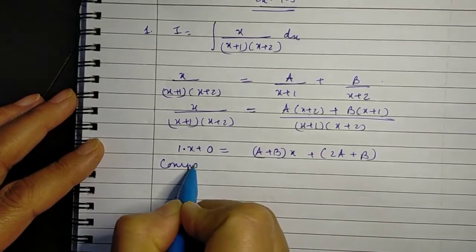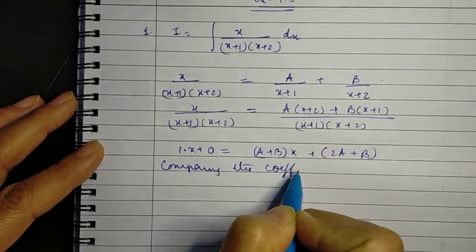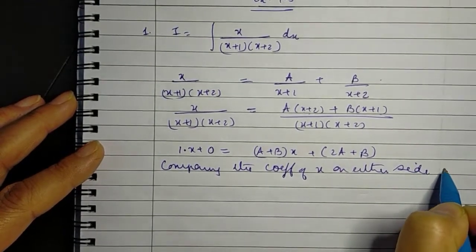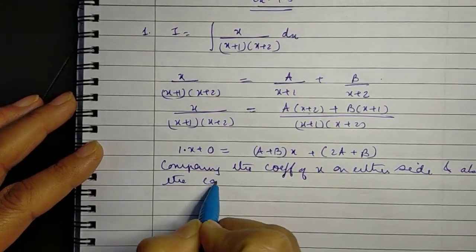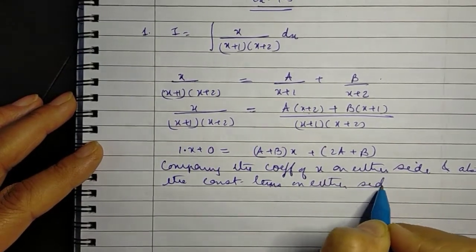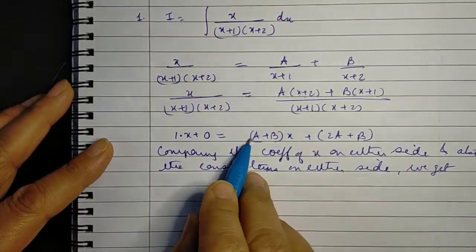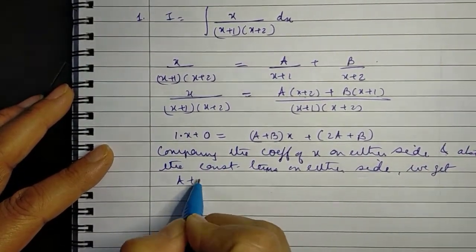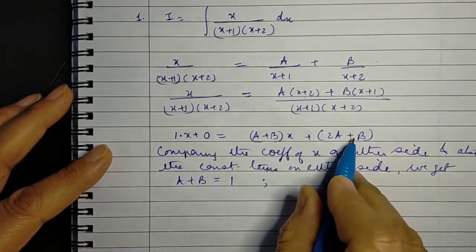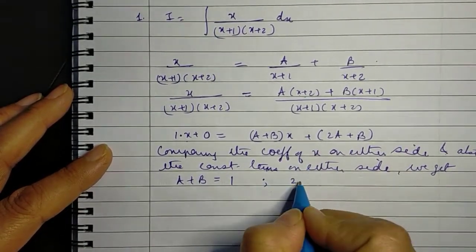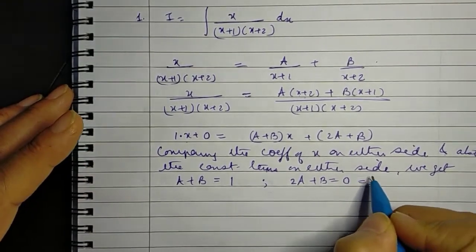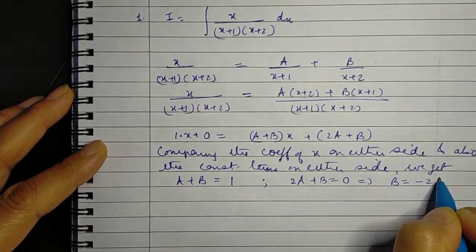Now comparing the coefficient of x on either side and also the constant terms on either side, we get a plus b equal to 1, since here the coefficient of x is 1, and comparing the constant term, we get 2a plus b equal to 0, which gives us b equal to minus 2a.